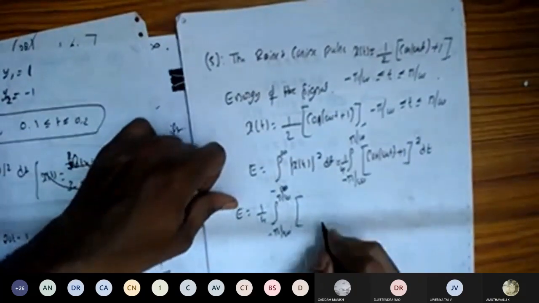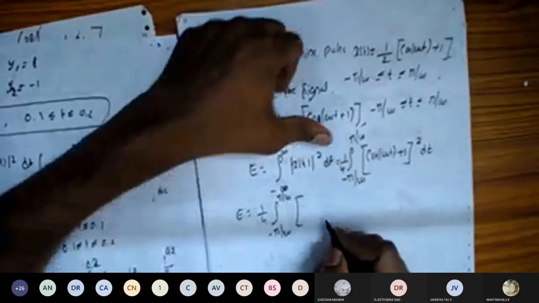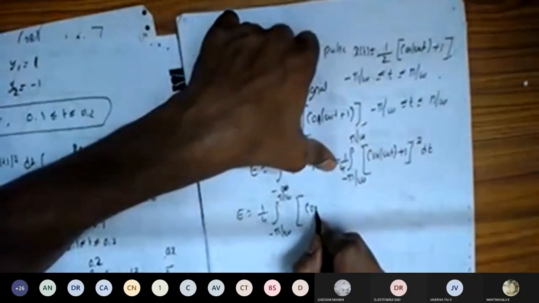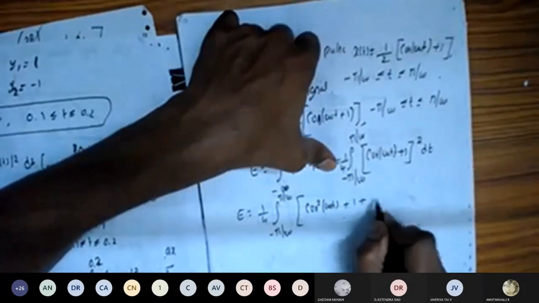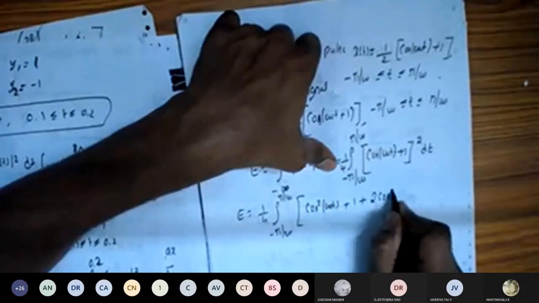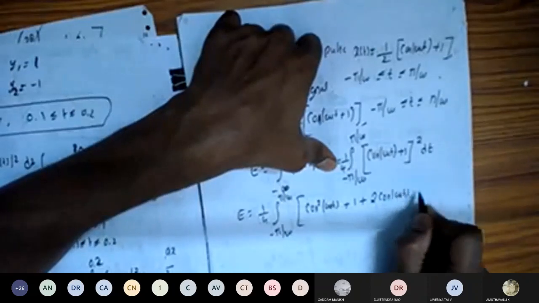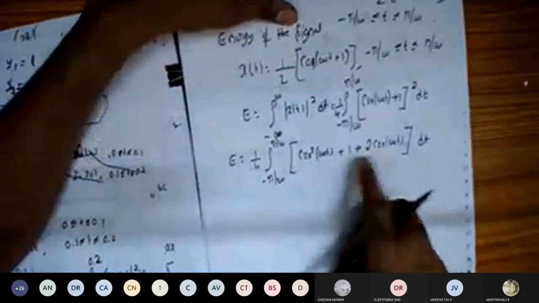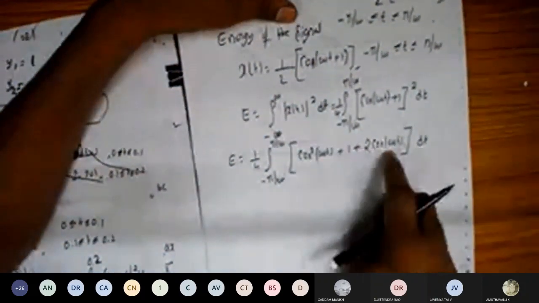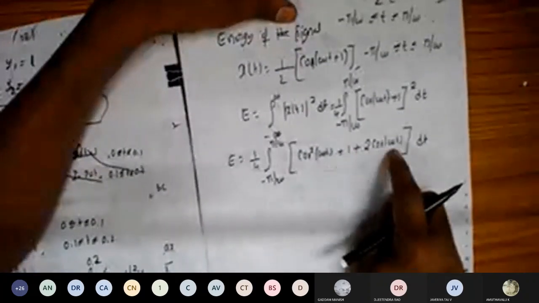Apply the a plus b the whole square formula: a square, which is cos square omega t, plus b square, plus 2ab, so 2 cos omega t, into dt. So cos square omega t plus 1 plus 2 cos omega t. A square plus b square plus 2ab, so done.